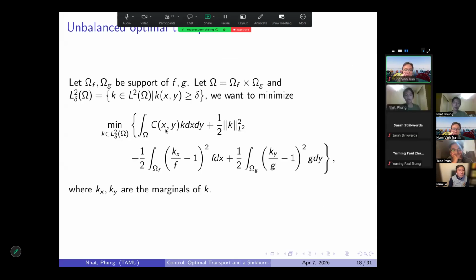Of course, we have some cost C. This is the cost function, and we want to transport with this cost, but we put some penalization on the marginals. So at F and G, we can put some kind of difference with a square. This usually appears as a chi-square test, which is also quite popular. Other authors usually use the KL, the Kullback-Leibler divergence. Here we use the chi-square.